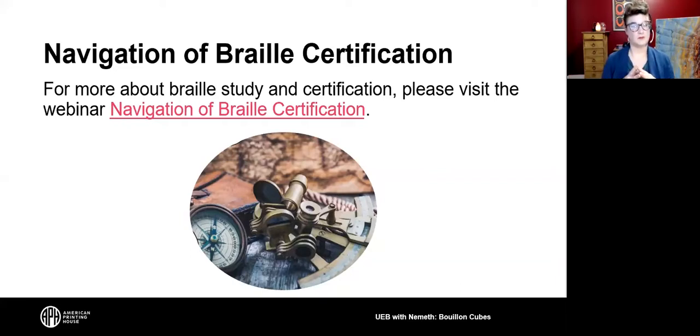And that committee from BANA also has incorporated all of the material from the publication that I mentioned earlier, Guidance for Transcription Using Nemeth Code Within UEB Contexts. So now the 2022 Nemeth Code has all of the updates incorporated and also presents material in a UEB with Nemeth format.